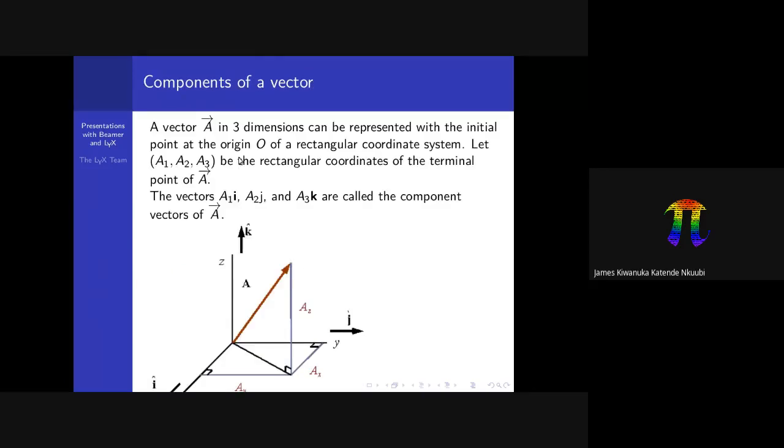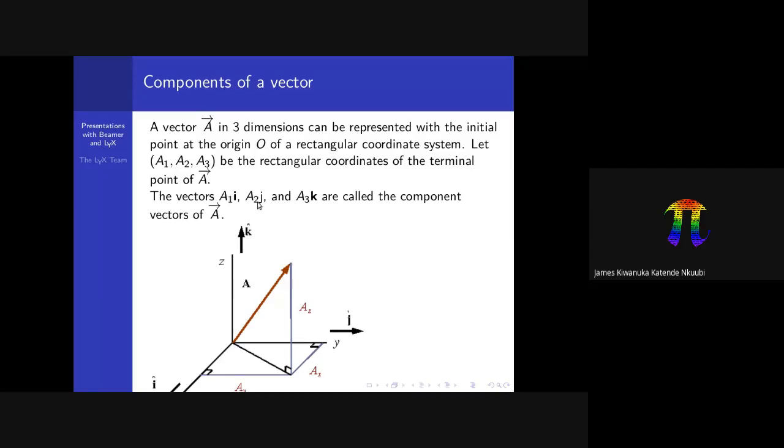Now, if you have any vector in 3 dimensions, you can write it in terms of those unit vectors. You simply pick the coordinates of that vector at the terminal point of the vector, and the first coordinate becomes the coefficient of the unit vector i.